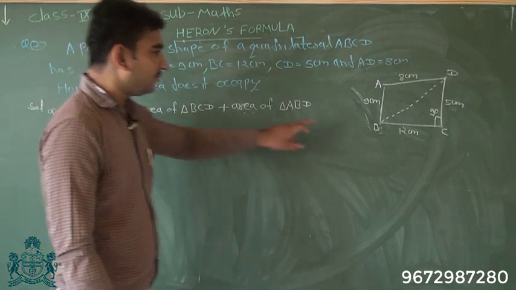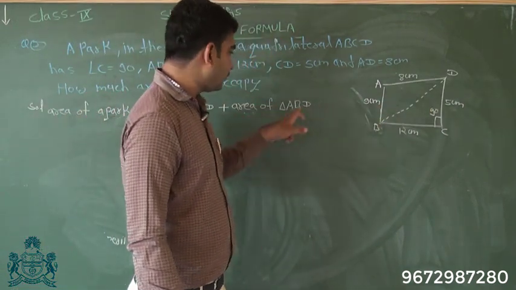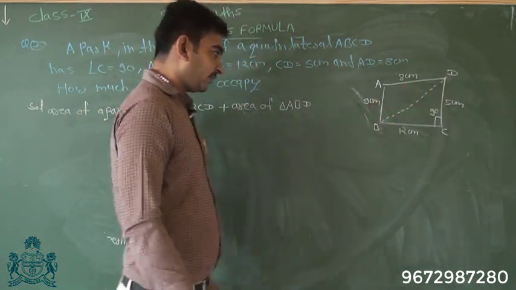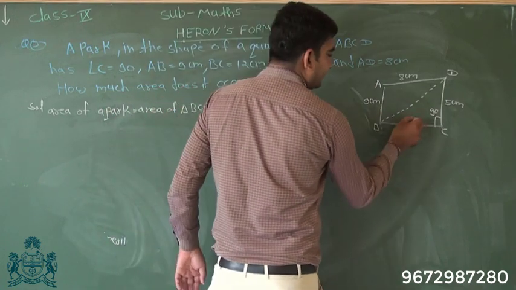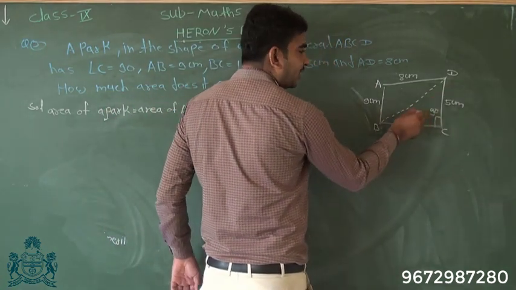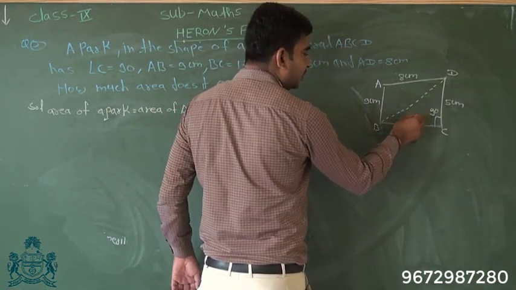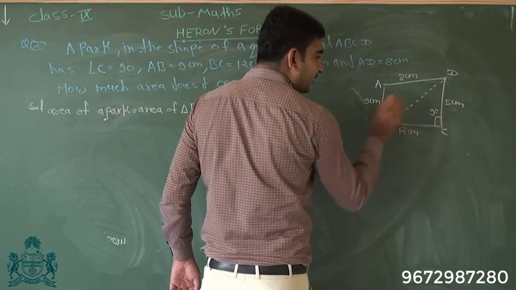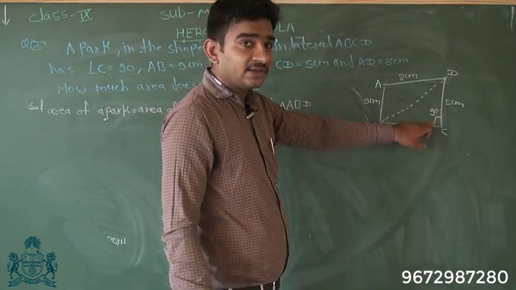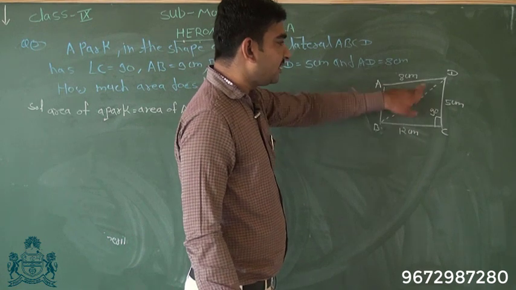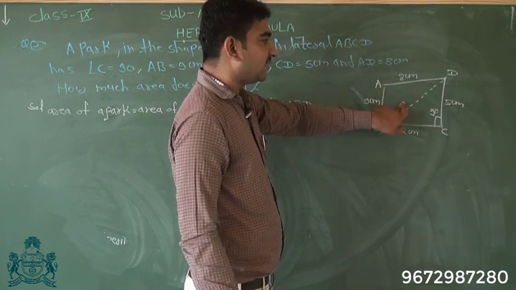The area of triangle BCD equals half into base into height, because the base and height are given. But for triangle ABD, two sides are given and the third side is not given.